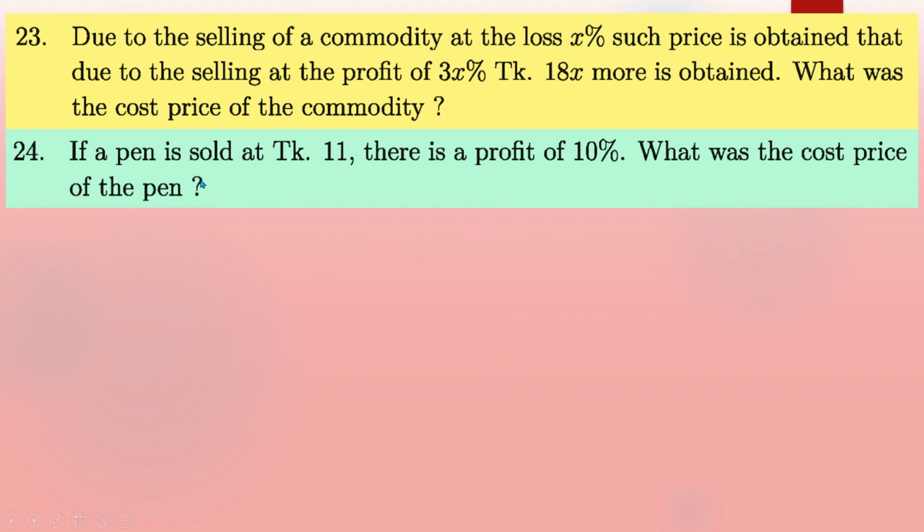24 number, very easy math. Here selling price is taka 110, profit is 10%. What was the cost price? As profit is 10%, that means at 10% profit, selling price will be 100 plus 10. As we have to find the cost price, if cost price is taka 100, selling price is taka 110.